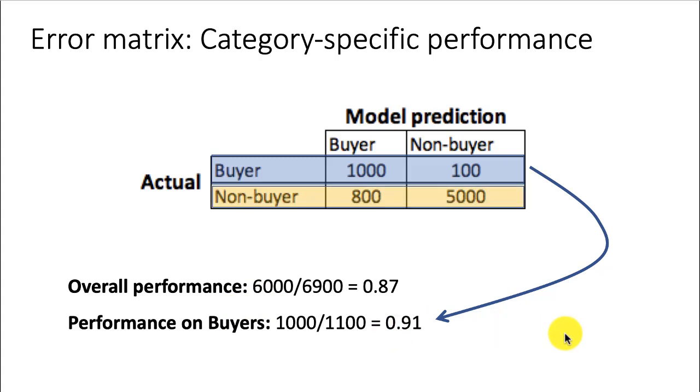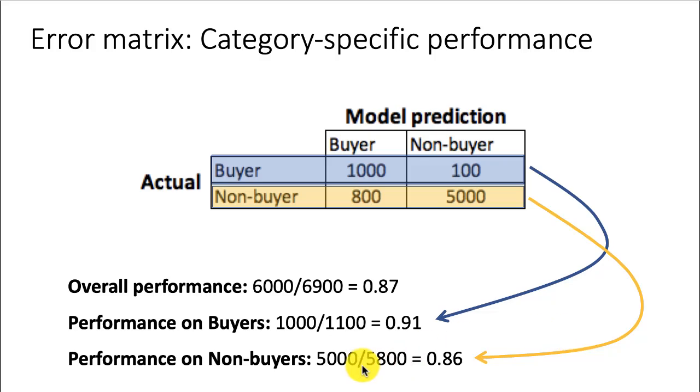And performance on non-buyers is 5,000 correct out of 5,800, which is an 86% performance of the model. Okay, so we see that the overall performance is 87%, but the performance in spotting buyers is actually slightly better than the performance in spotting non-buyers. That's just what the data shows us.